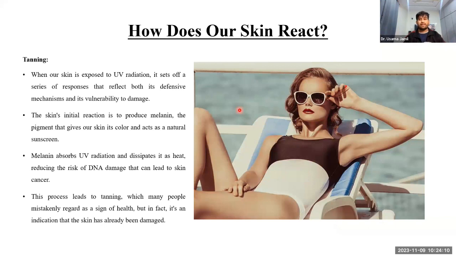So how does our skin react? If we speak of tanning, when our skin is exposed to UV radiation, it sets off a series of responses that reflect both its defensive mechanisms and its vulnerability to damage. A cascade gets started in the skin.